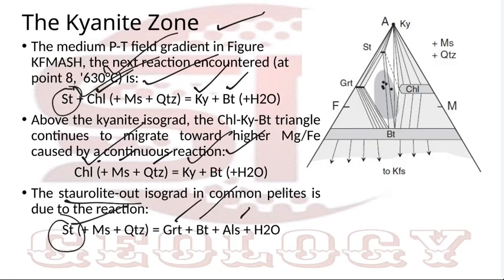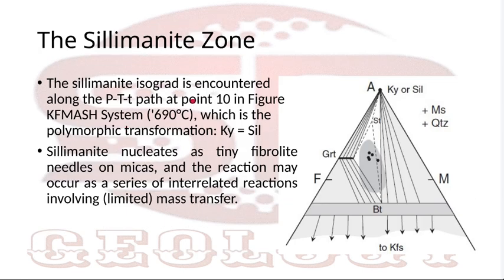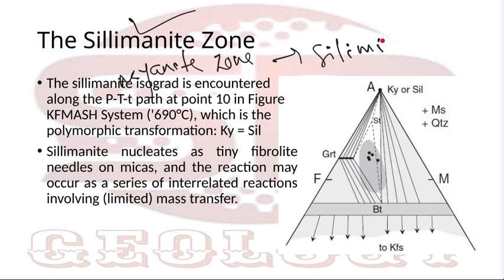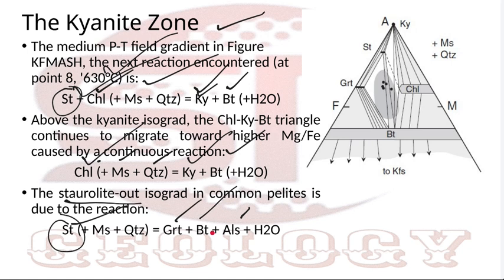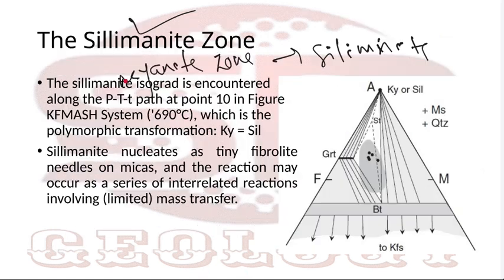Next is the sillimanite zone. After the kyanite zone, the sillimanite zone is simply a polymorphic transformation. Sillimanite is a very high temperature variety of kyanite, so kyanite directly transforms to sillimanite with high temperature.